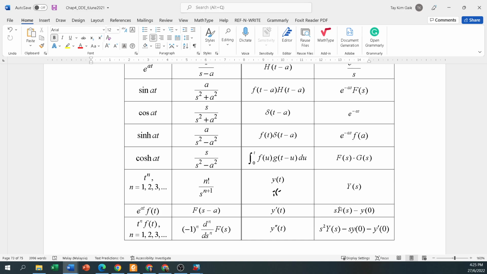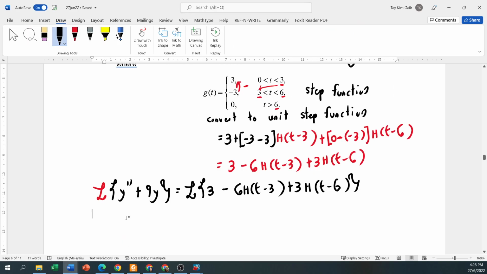It's actually s squared Y(s) minus s y(0) minus y prime (0). It's here: s squared Y(s) minus s y(0) minus y prime (0) for the Laplace transform of the second derivative.